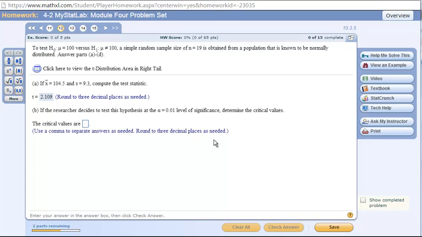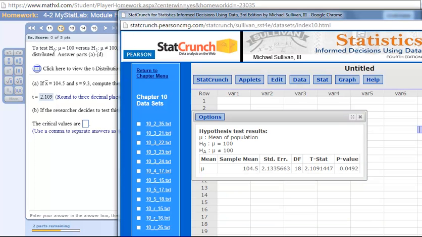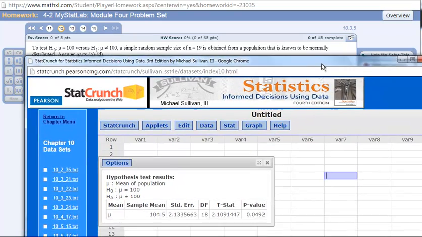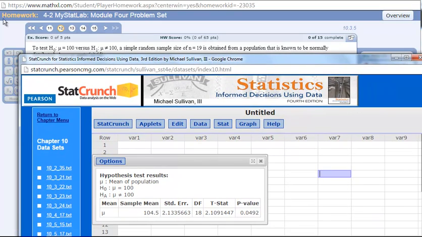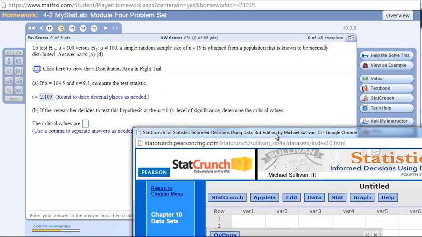The critical values, they have the table here, or we could go into StatCrunch. We know this is a two-sided test, and we know that because right here it says the mean does not equal 100. So it could be down in the left tail or the right tail. It's not a one-sided test.